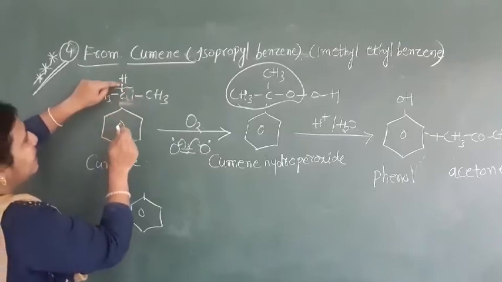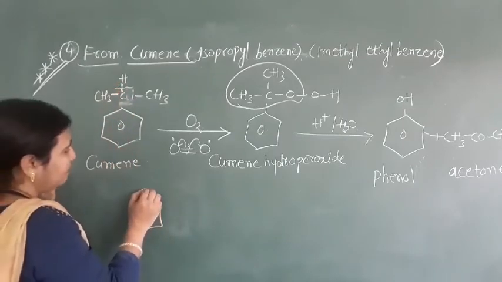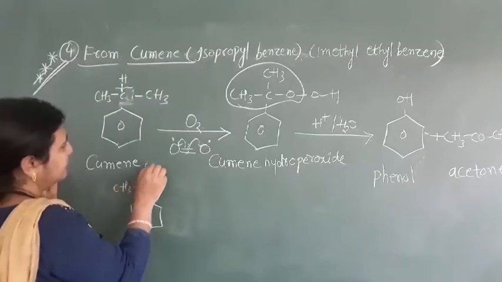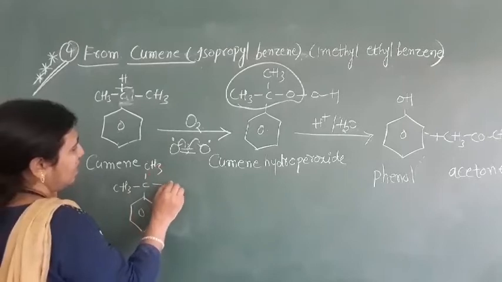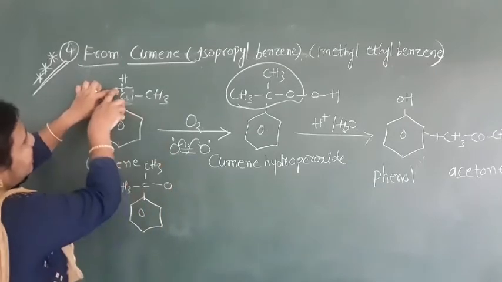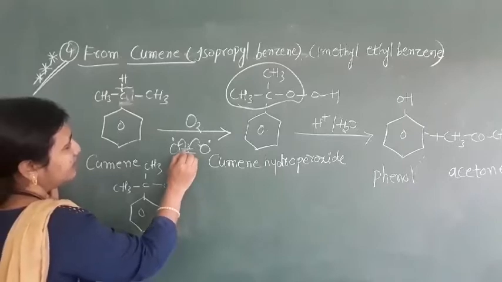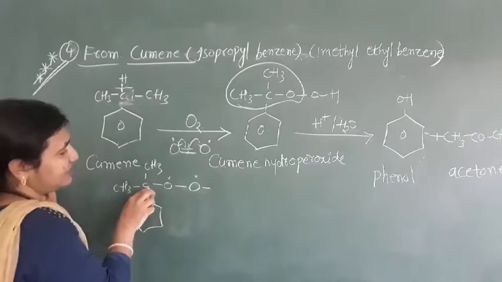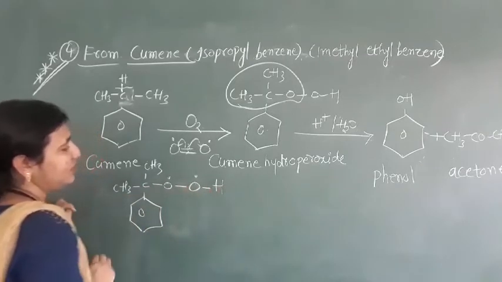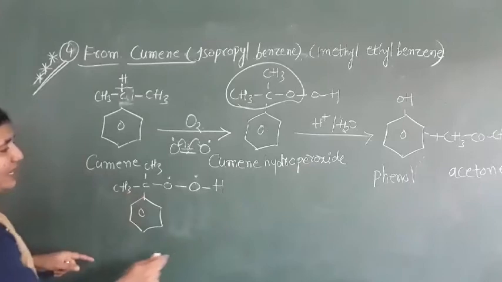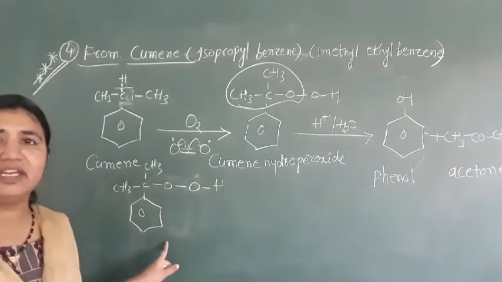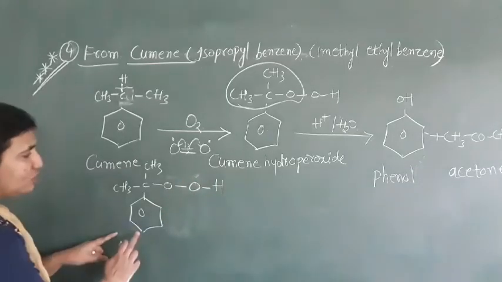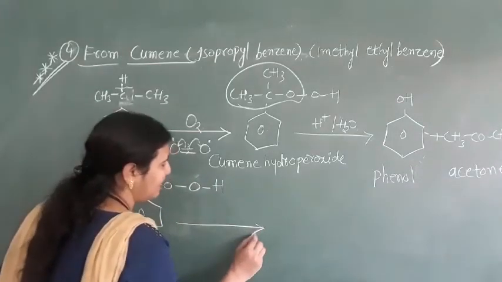So what we will get here is CH3, C, and oxygen. One oxygen will come here, this single bond will be as it is, and this free radical will join with this carbon, and this free radical will join with this hydrogen. So this is the intermediate we are getting. What is it called? Cumene hydroperoxide.